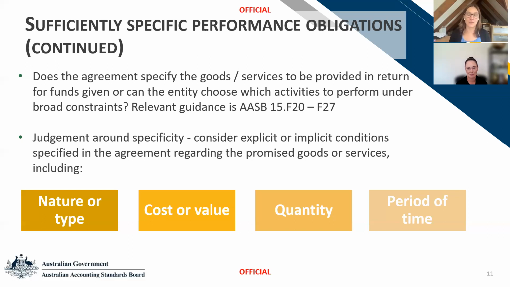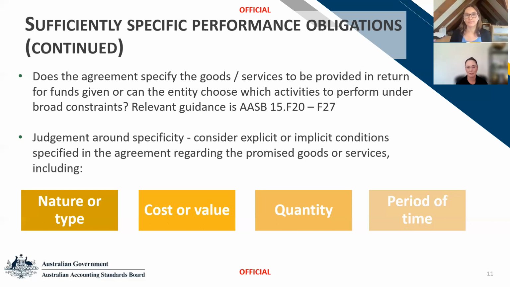Unfortunately, the concept of matching is not something that is explicit within these standards. So we have to very much look at which standard we get into. From 15, if we're in 1058, if we do get within 15, so it's sufficiently specific and it's enforceable, then the cost expenditure method is absolutely available for measuring the revenue, but we have to get within 15 to be able to do that first of all.